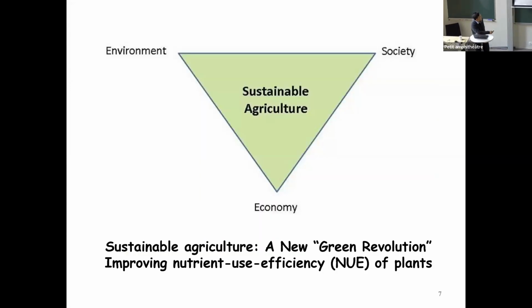So sustainable agriculture is so important for society, environment, and economy, for our well-being, basically. And we need to have a new revolution to support sustainable agriculture. And in terms of fertilizer use, we need to increase the nutrient use efficiency to reduce the use of fertilizer.